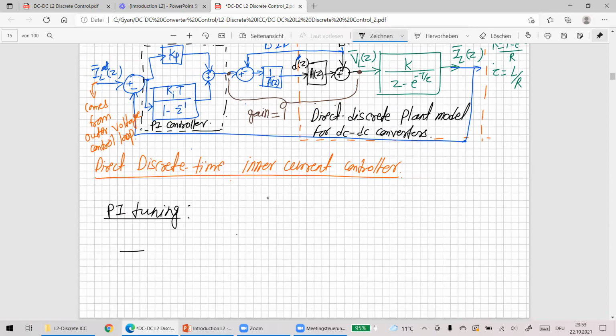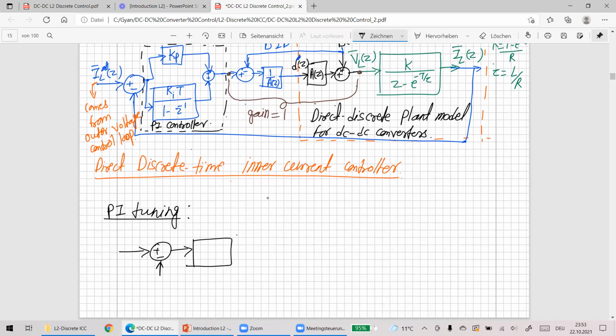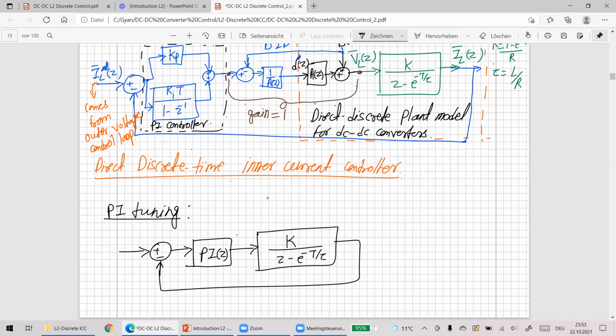We can write it like plus minus PI of Z. And since the gain is 1, we can simply replace it with a wire. And this becomes Z e power T over tau. This is our IL reference in discrete time domain, and this is your sampled currents in discrete time domain.